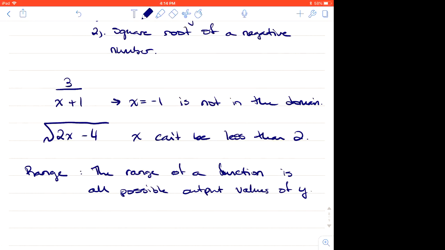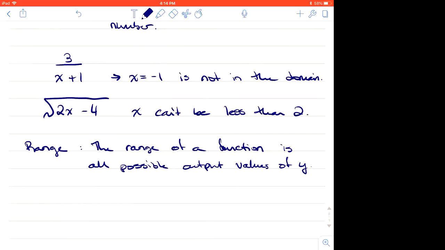So for the most part, the domain's going to be all x's and the range is going to be all y's, for our straight lines. Different topic for non-straight lines. That's okay.